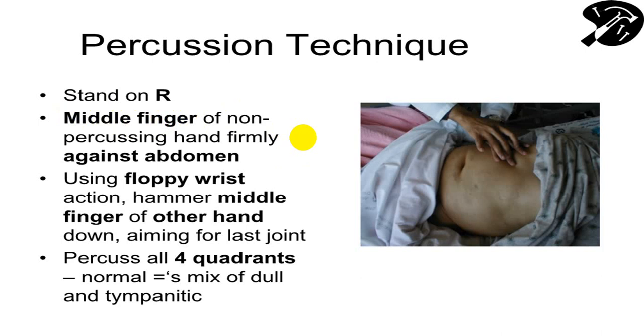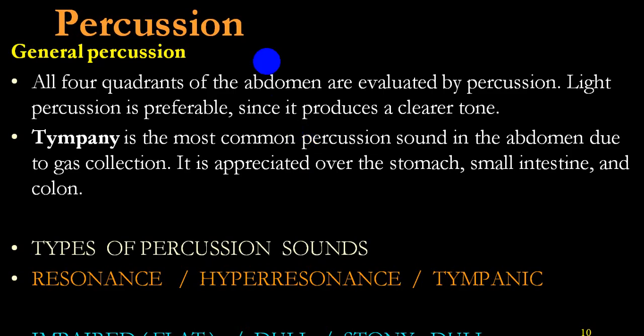You will have to percuss in all four quadrants, and the tender area should be last. All four quadrants of the abdomen are evaluated by percussion. Initially, you can start with a light percussion, and if you are not able to identify clearly, then you can utilize a little heavy percussion.